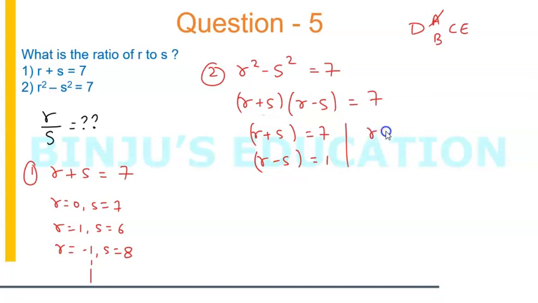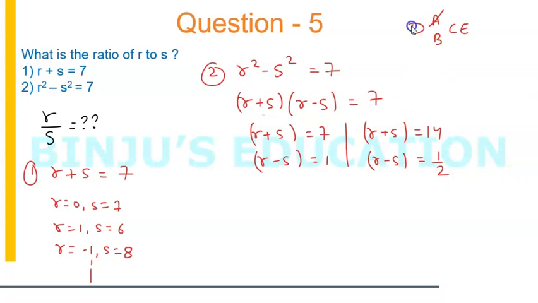You can also have R plus S is 14, R minus S as half, and so on and so forth. There will be a lot of possibilities. So can we figure out a specific value of R and S? No, we can't.